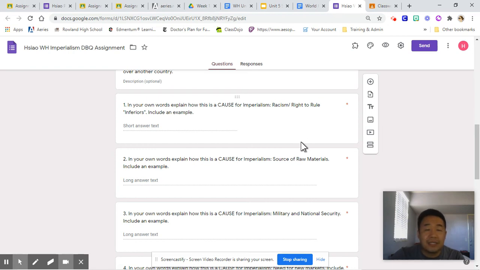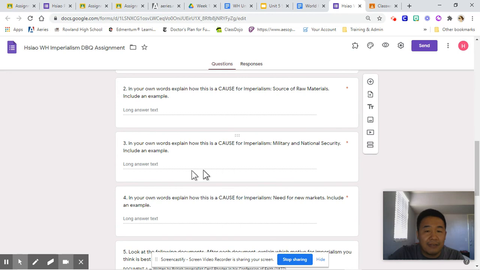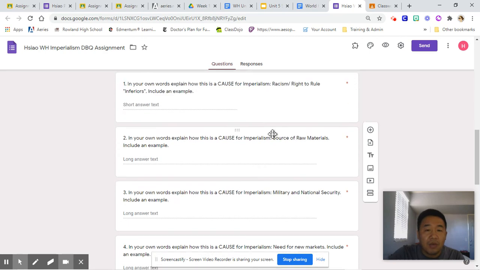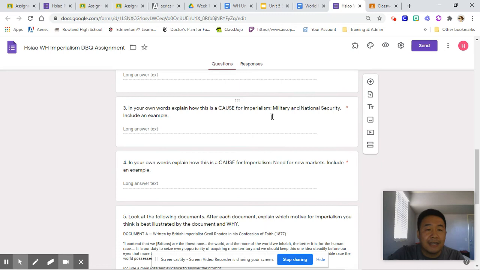It could be this justification of what right the Europeans had. Think about that. I think everything else is very self-explanatory.